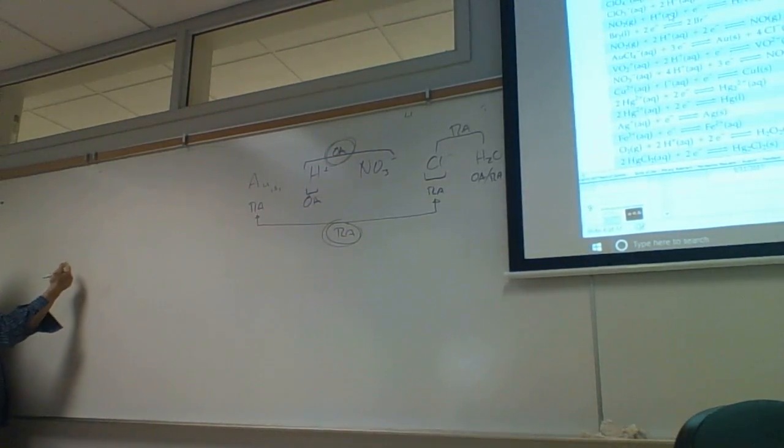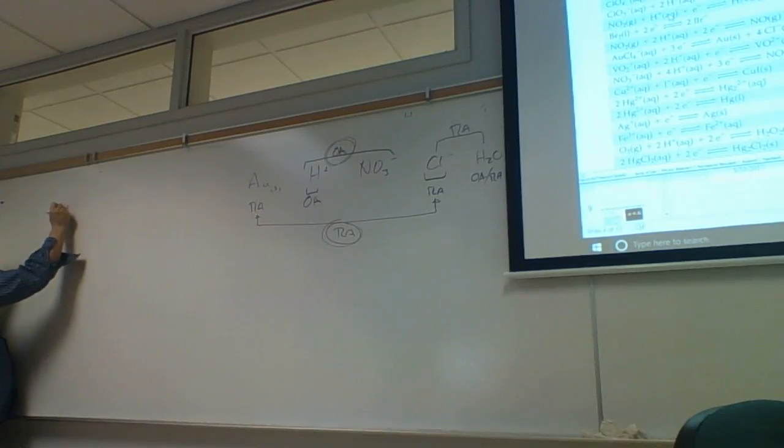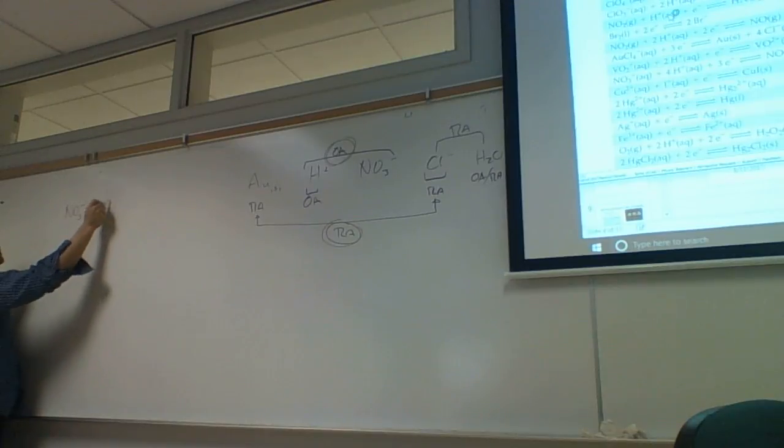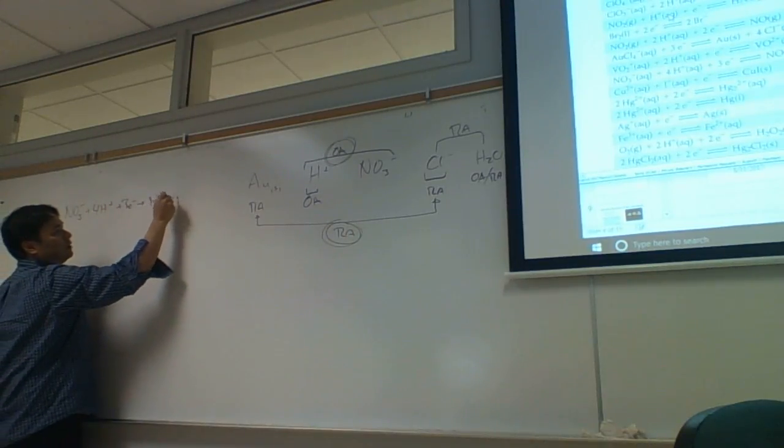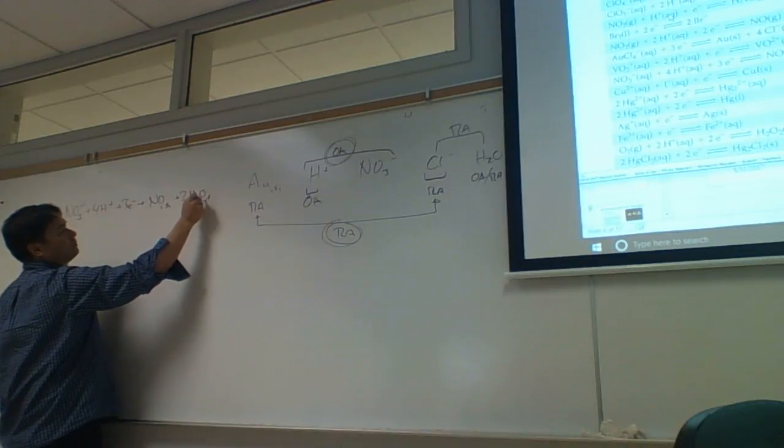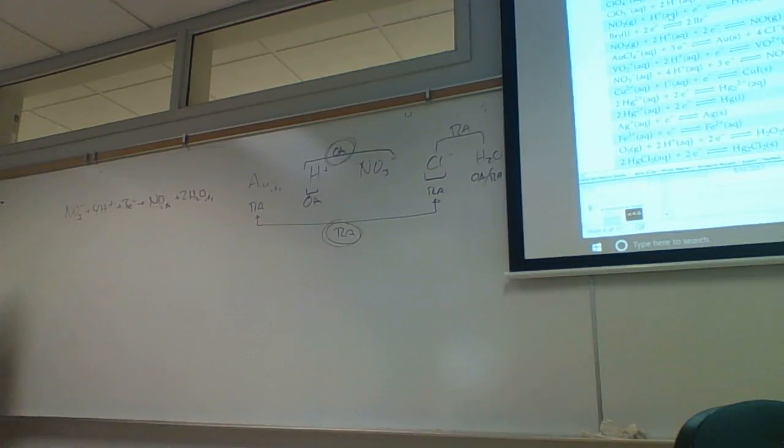Now we're just going to write out the reactions. For the oxidizer, it's easy. We just write the reaction as written in the chart. That's nitrate plus 4H+ plus 3 electrons gives us NO gas plus 2H2O liquid. So we just copy that. For the reducer, since lithium occurs on the opposite side, we have to reverse the equation.